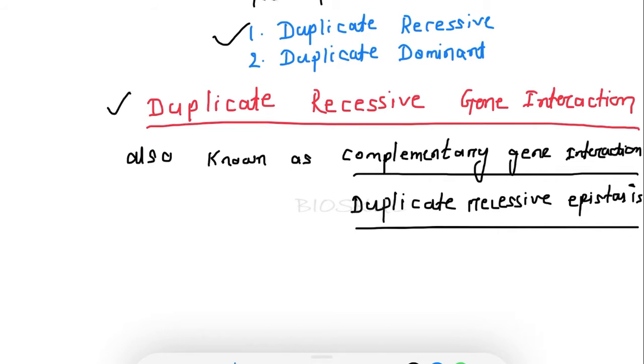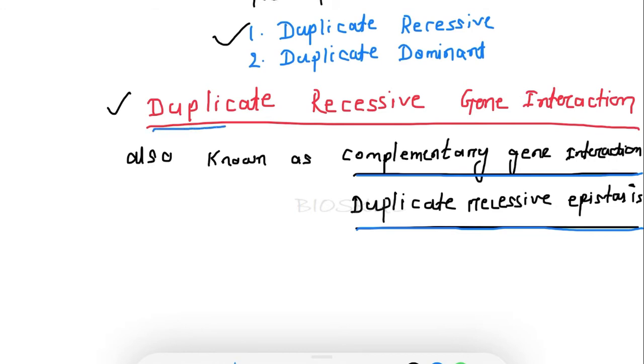It is also known as complementary gene interaction, and also called duplicate recessive epistasis. Why it is called complementary gene interaction and duplicate recessive epistasis, I will explain in this session, so please do watch the video till the end.